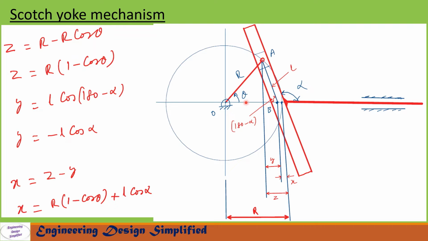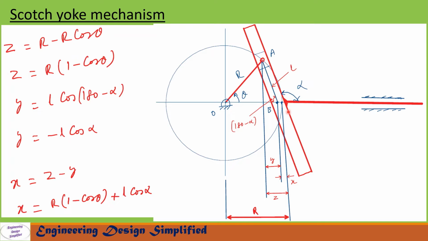When the crank rotates by an angle theta, then the center point of this slider moves by a distance Z from this end to this is Z. So Z can be written as R minus R cos theta. Since this is theta, so this distance is R cos theta. So Z is R minus R cos theta. So that can be written as Z equal to R into 1 minus cos theta.